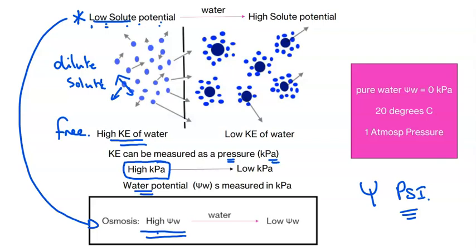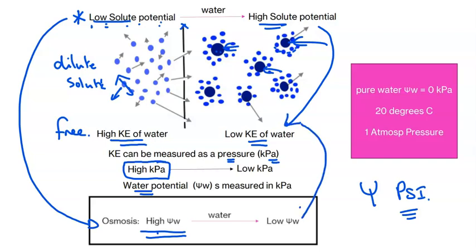On the other side of the membrane, which is just here, we have a lot of solute, and that solute has caused the water molecules to arrange themselves through hydrogen bonding around the solute, and so therefore we have a low kinetic energy, and so high solute potential, lots of dissolved stuff, reduces the water potential, which leads to a low water potential.